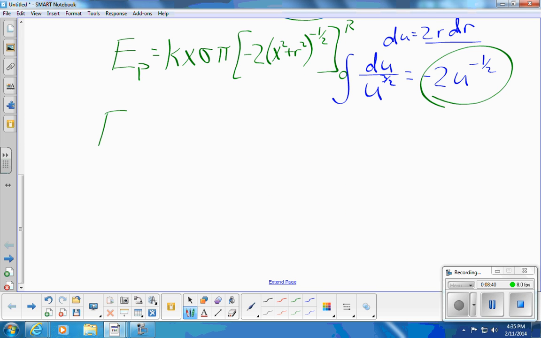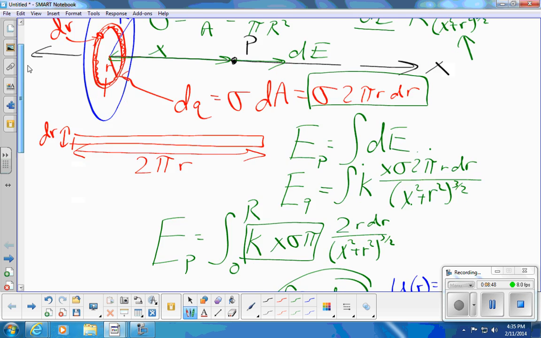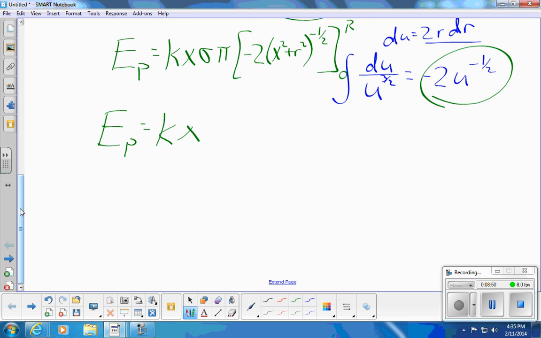So what do I end up with? Kx. And at some point I've got to sub in for sigma, which is, I'm going to go back up and look, q over pi big fat R squared. So sigma is q over pi big fat R squared. I've got a pi. Looks like they're going to go bye-bye. And then I have a 2 in here that I will pull out and throw in here somewhere. But for some reason I want to leave the negative sign inside.